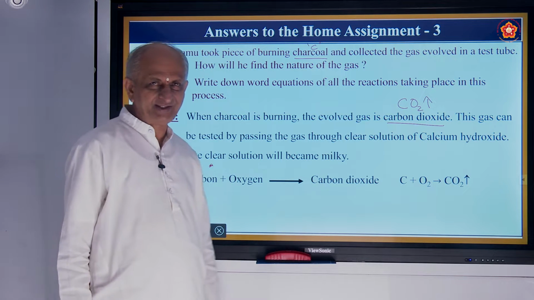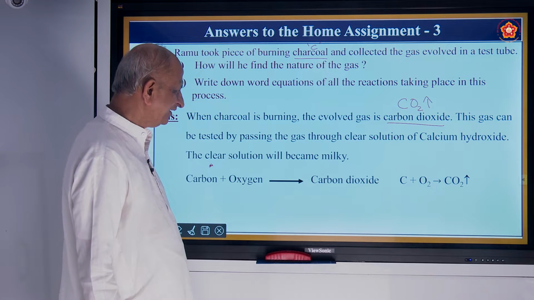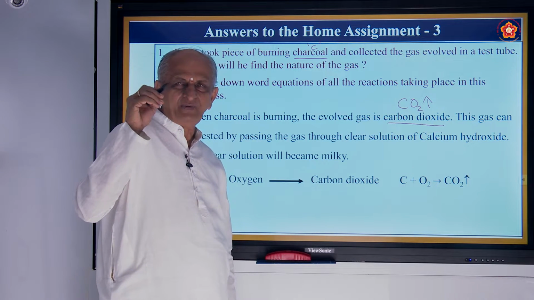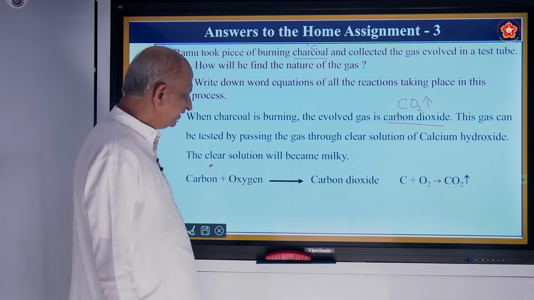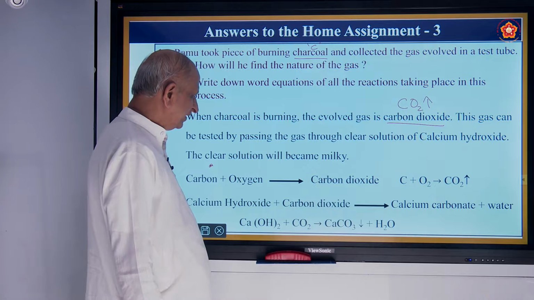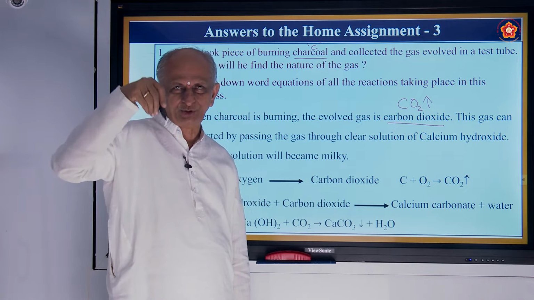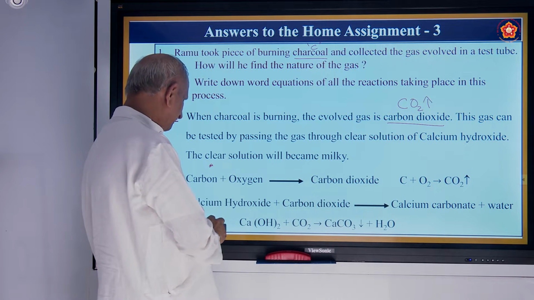What kind of oxide is it? Acidic oxide. Why is it an acidic oxide? Because when it dissolves in water, it forms acids. And how do you test it? It can be tested by bringing a blue litmus paper into the solution. It turns red.